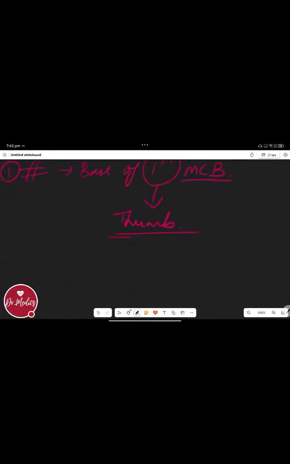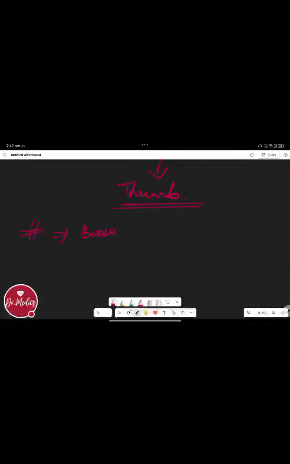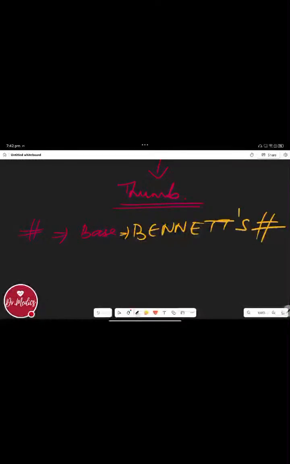It's always the thumb. The fracture occurs at the base of the first metacarpal bone. It is known as Bennett's fracture.